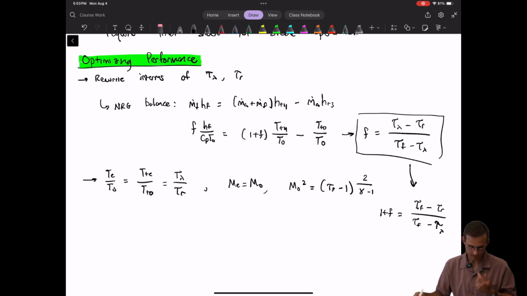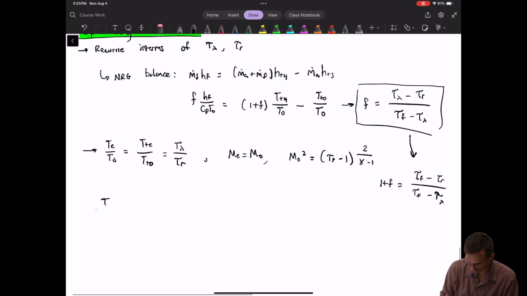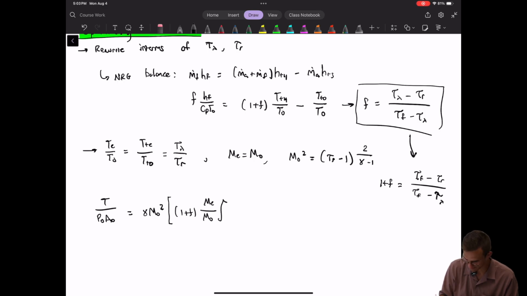So all of that to say, let's rewrite this non-dimensionalized thrust value. It's normally written as gamma M naught squared times (1 plus f) times ME over M naught times the square root of TE over T naught, minus 1. That was our thrust equation before.